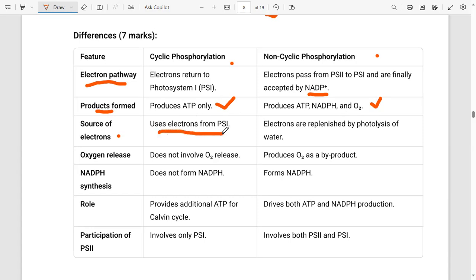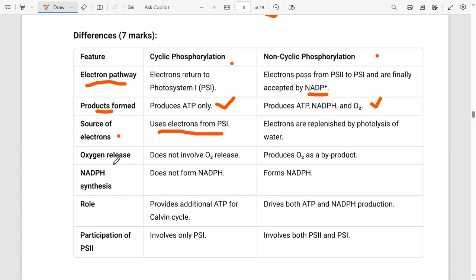As for the source of electrons, the cyclic uses the electrons from PS1, while in the non-cyclic the electrons are replenished by the photolysis of water. When water is broken down using light, that's where the electrons used in the non-cyclic phosphorylation come from.